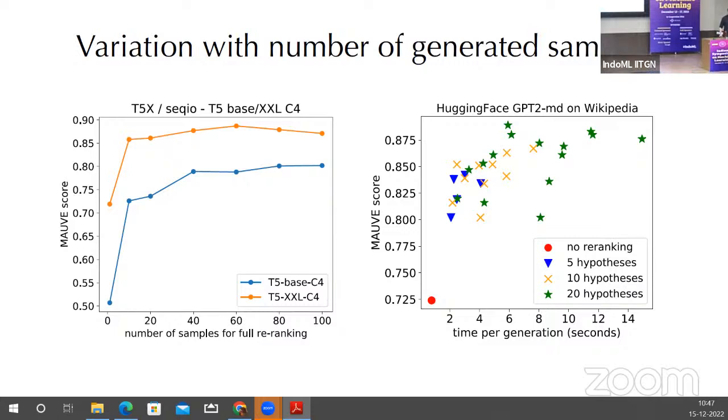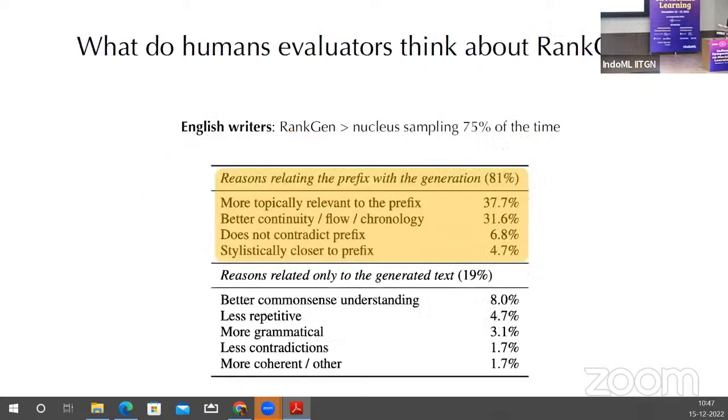So this is the cost that you pay, is that the decoding is much slower than with normal sampling algorithms. And this is something that we're actively working on to reduce.